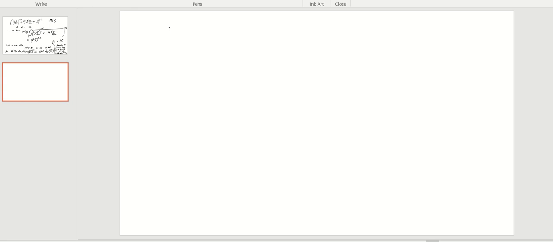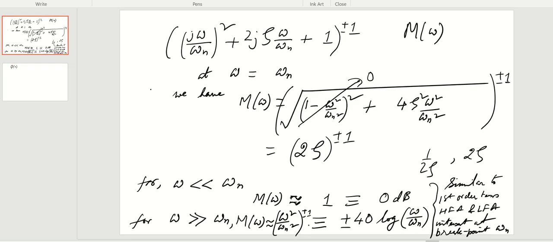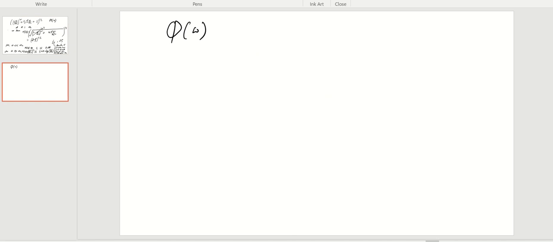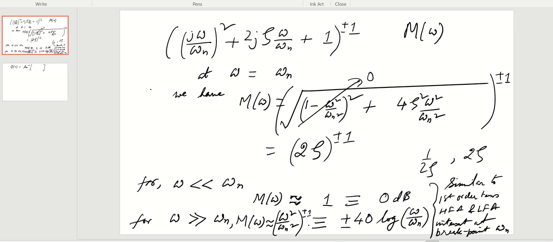Now we want to find out what this phase function looks like. I must warn you, this is not very handy to deal with, not very straightforward, because it depends not only on omega over omega n, but also on zeta. The exact expression of the phase is tan inverse of the imaginary part over the real part.